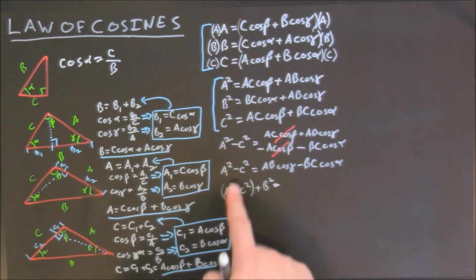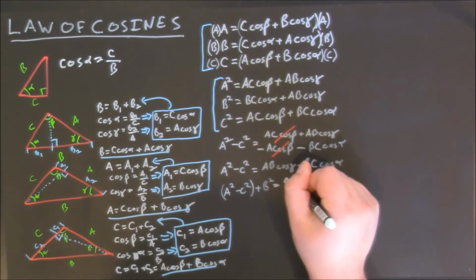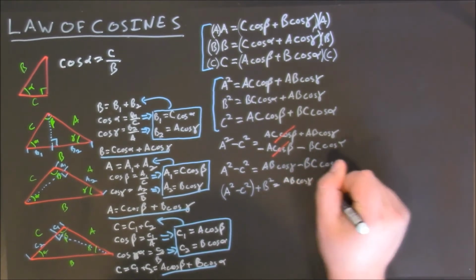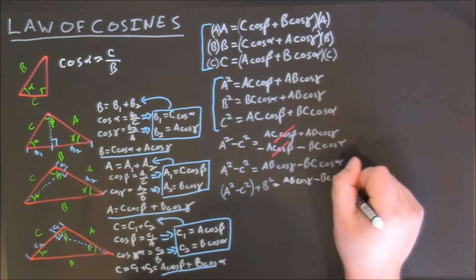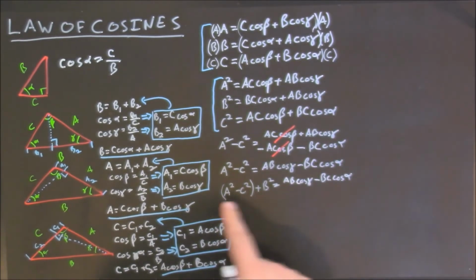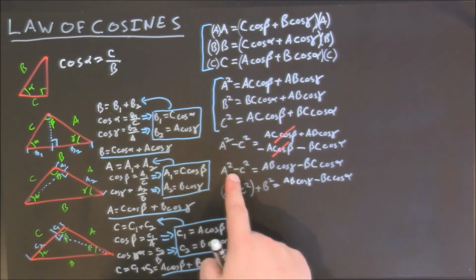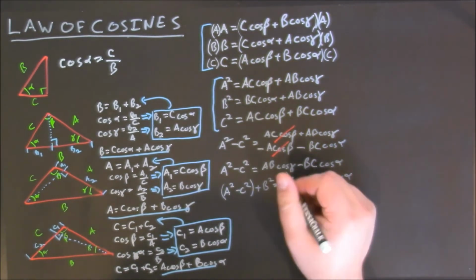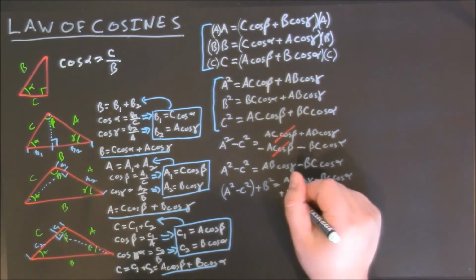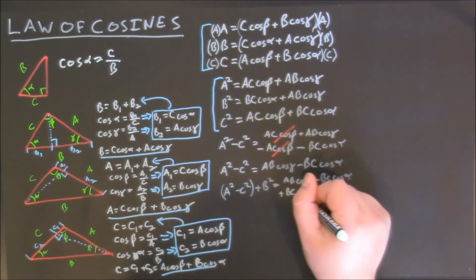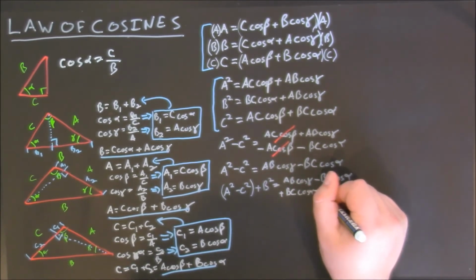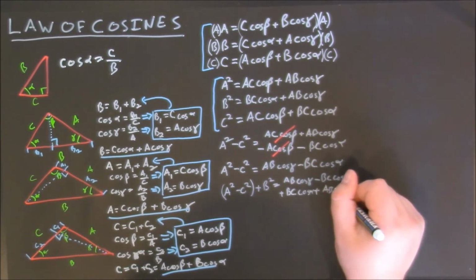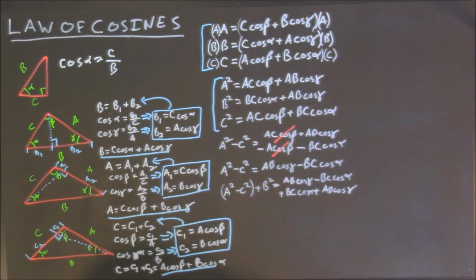We get the original equation, AB cosine gamma minus BC cosine alpha, so that's the A squared minus C squared term. Now we're going to add B squared, and we get the B squared term from up here, so it's plus BC cosine alpha plus AB cosine gamma.